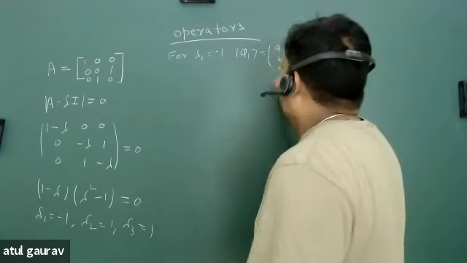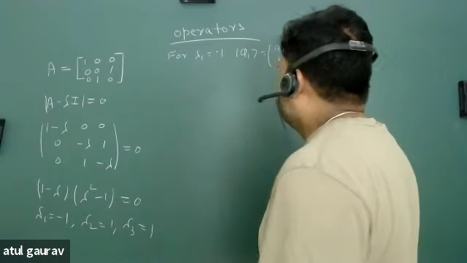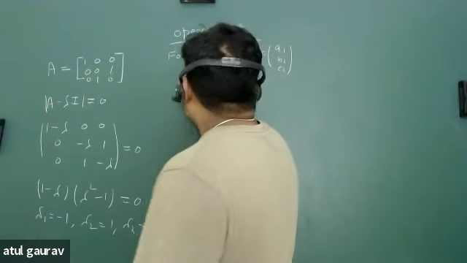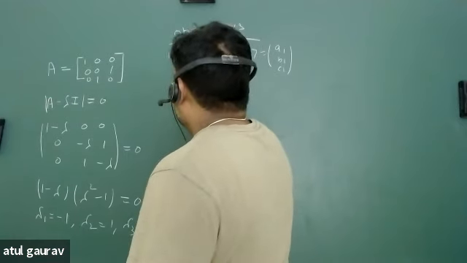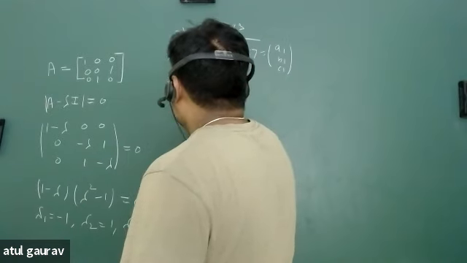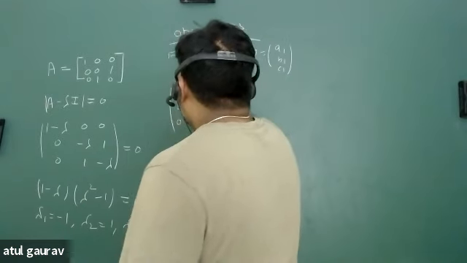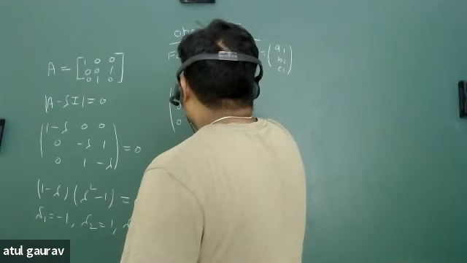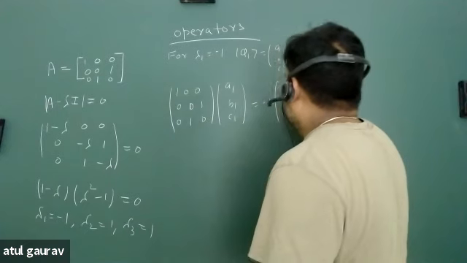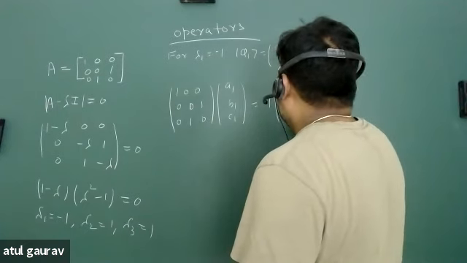We have to apply the matrix 1 0 0, 0 0 1, 0 1 0 on a1, b1, c1, and this must be equal to minus 1 times a1, b1, c1.